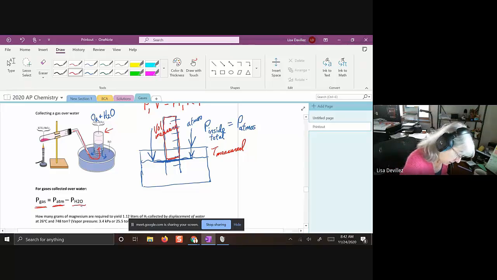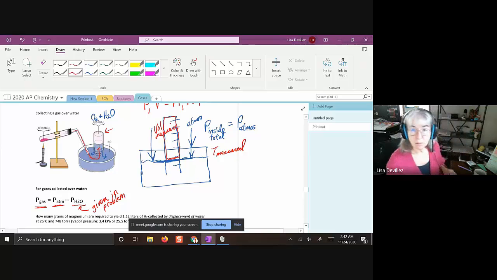This is either going to be given in the problem, or when we do the lab for this, you would look it up on a table to find out, based on what temperature you were doing the lab at, what the water vapor pressure would be.